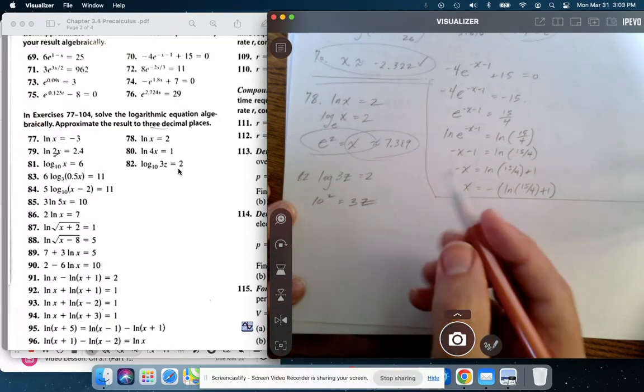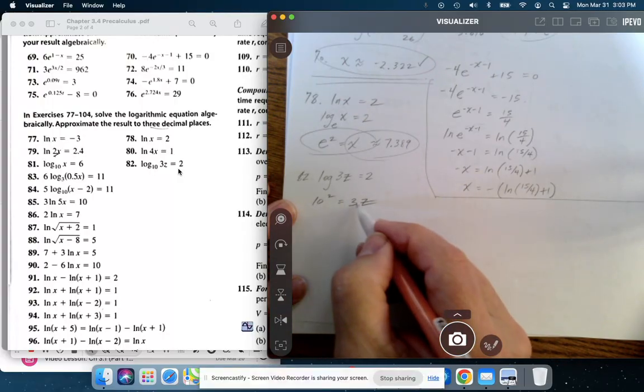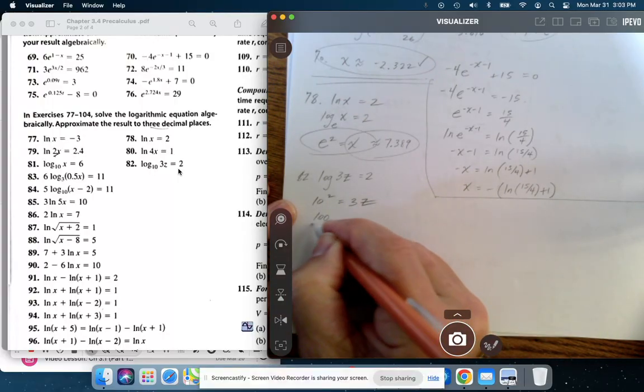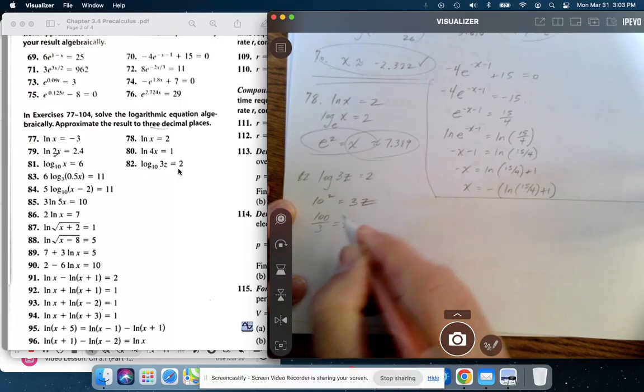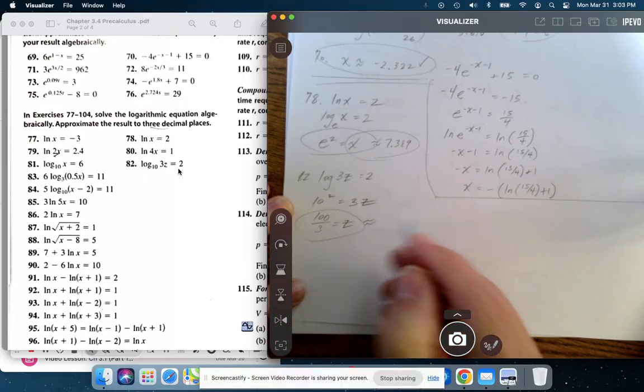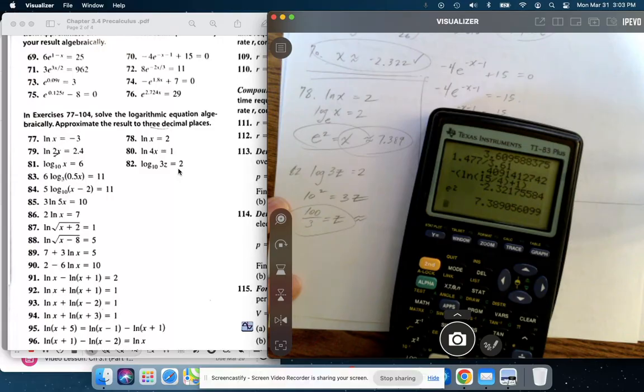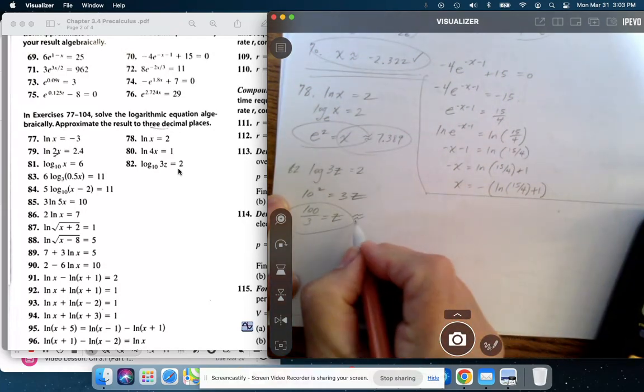So that's 100 equals 3z, so it's 100 divided by 3, which is approximately 33 1/3.